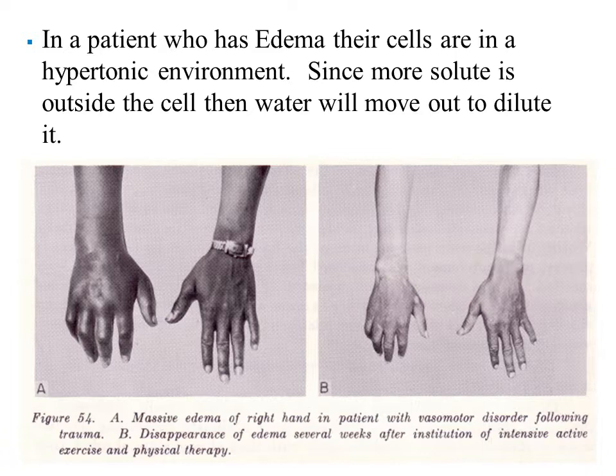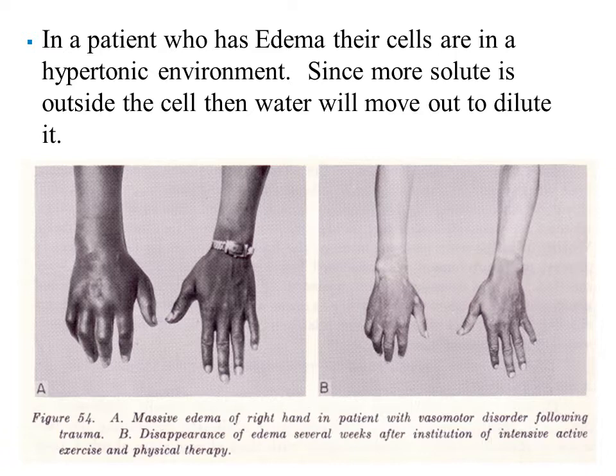Therefore, the water inside the cell is going to leave the cell to dilute the salt or to dilute the sugar. So since more solute is outside the cell, that's where the concentration of water is going to be. The higher water is going to be out there because it is trying to dilute the salt.